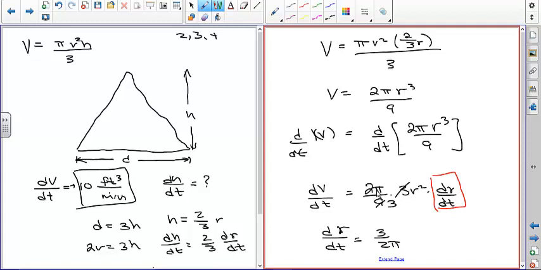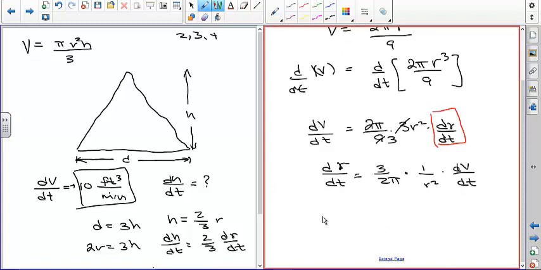The reciprocal of 2 pi r squared over 3 is 3 over 2 pi, and the reciprocal of r squared is 1 over r squared. And then I multiply dv/dt. So all I've just done is move stuff around. This goes to the top, this goes to the bottom, and I've solved for dr/dt. And so now I just plug the numbers in.